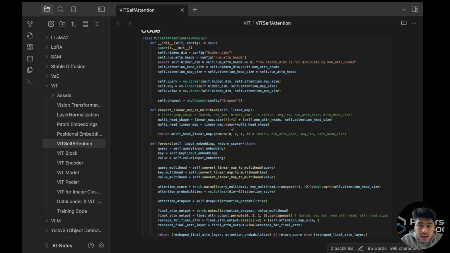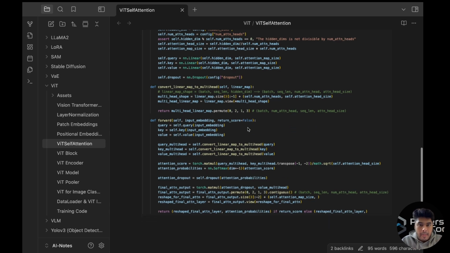We can do a linear_map.view. View is what we use in PyTorch to reshape, or not really to reshape, but to reimagine a tensor in a new dimension. So once we get this new multi-head shape, we can convert this linear map and reimagine it in a multi-head dimension.